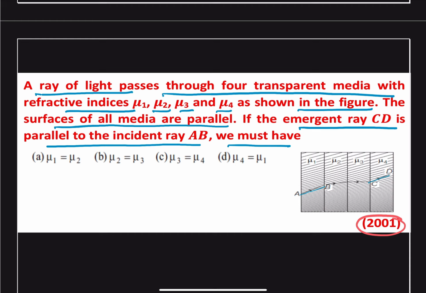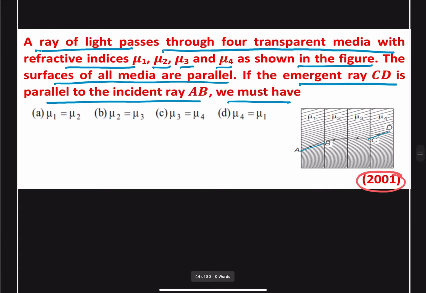So therefore, let us define all the interface points. And let me draw this figure separately. So this is your first surface, this is our second and third, and we got the fourth one. So this is our incident ray, and this will be our normal.